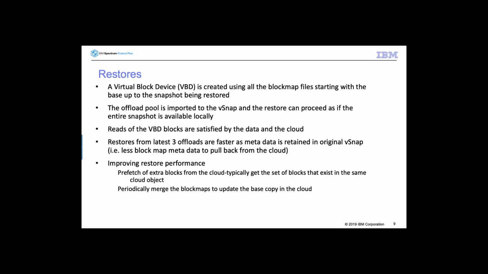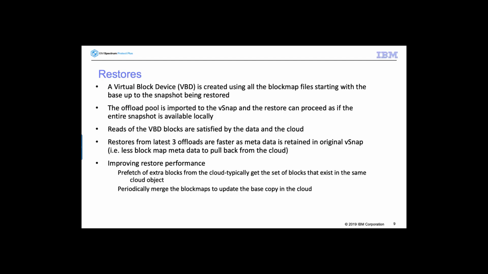Now, for performance reasons, we store the last three offloads' metadata in the original vSnap, and what that allows us to do is improve the performance of pulling the metadata back from the cloud.